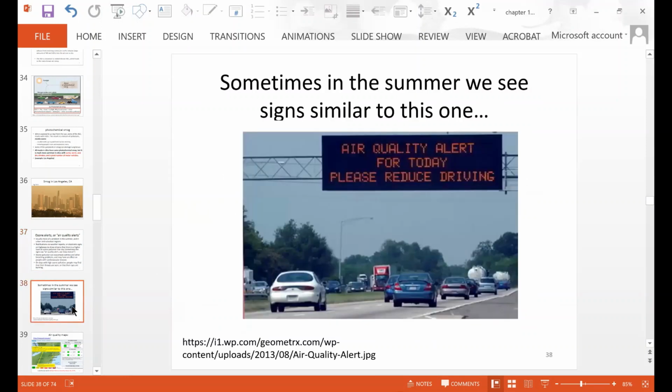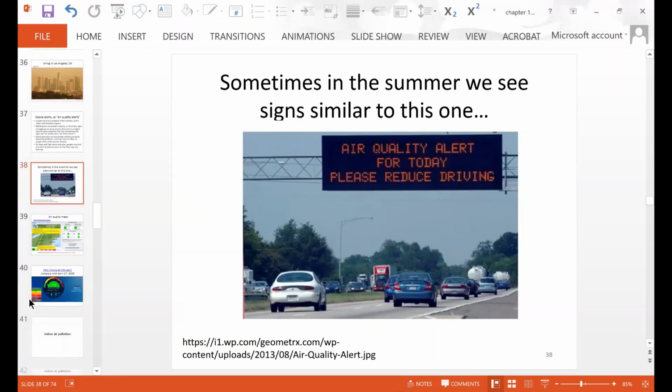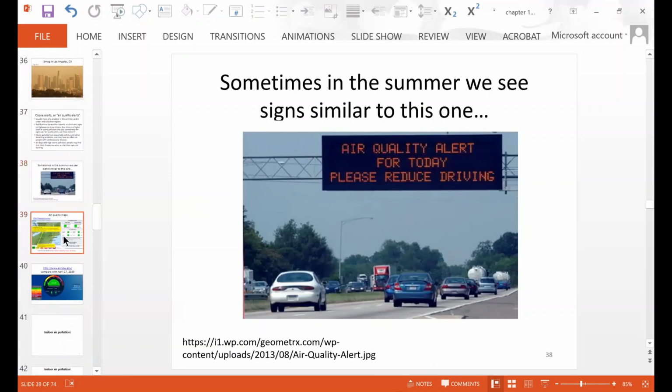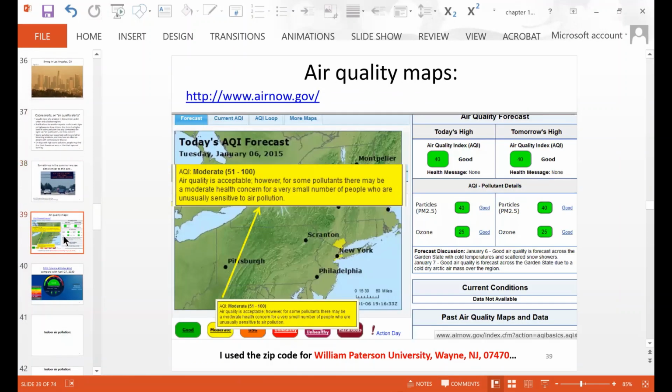Here is an example of a sign on a highway. Air quality alert for today, please reduce driving. And you have access to different apps and websites that will show you the air quality. So this map is taken from airnow.gov. So there is a scale.